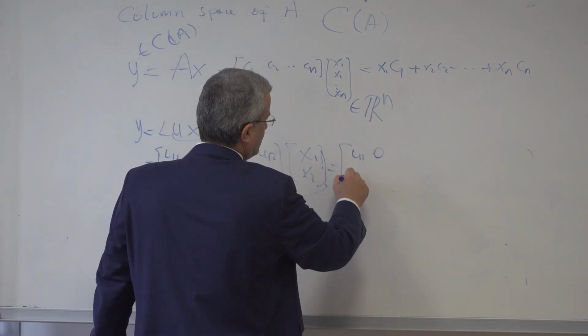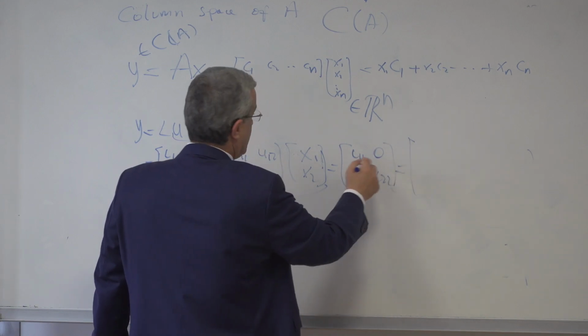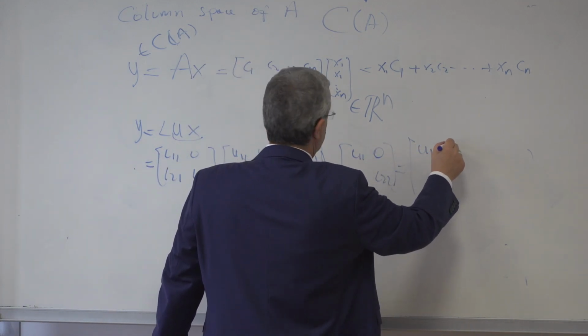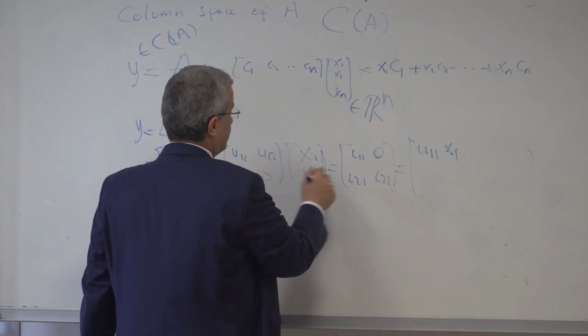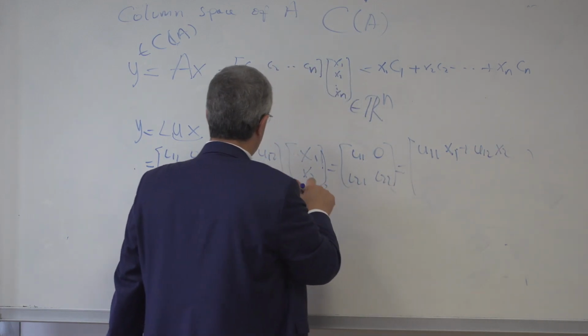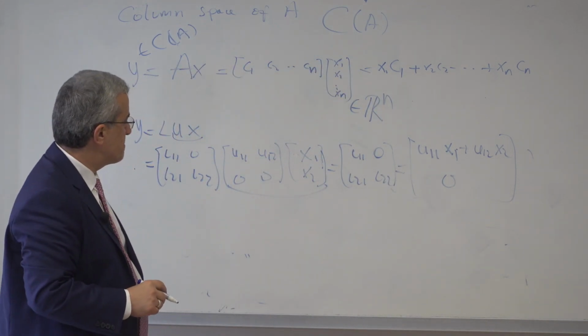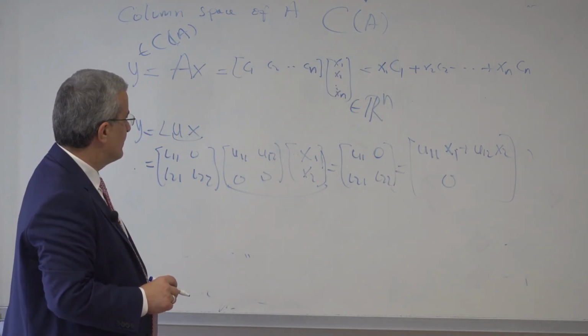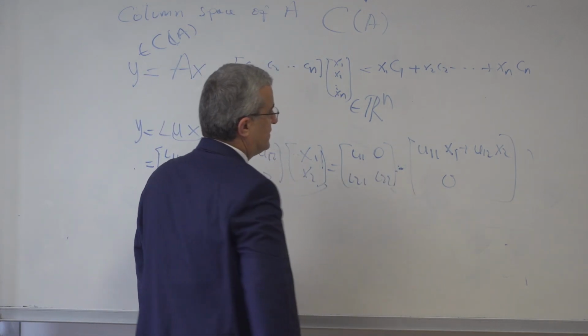L11, 0, L21, L22, times U11 x1 plus U12 x2, and this is 0 times this.